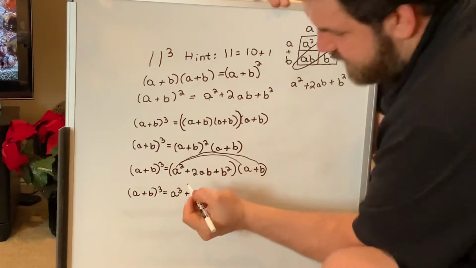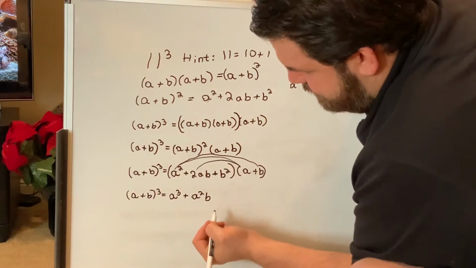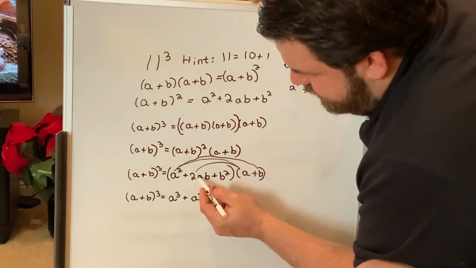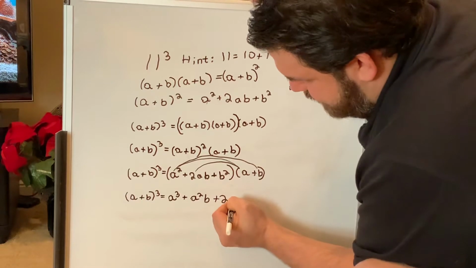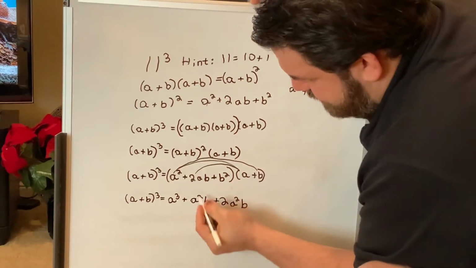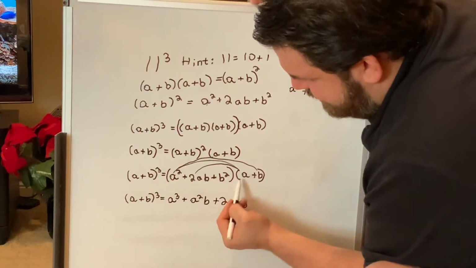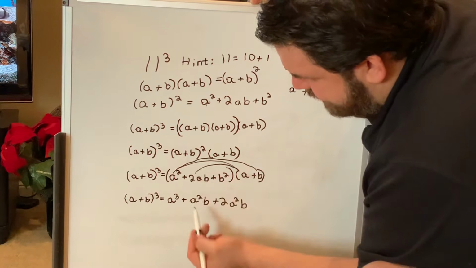Now I'm going to do 2AB times A. That's going to be plus 2A squared B, because I'm multiplying 2AB times A. The 2 and the B don't change, but the A and the A multiply to be A squared.